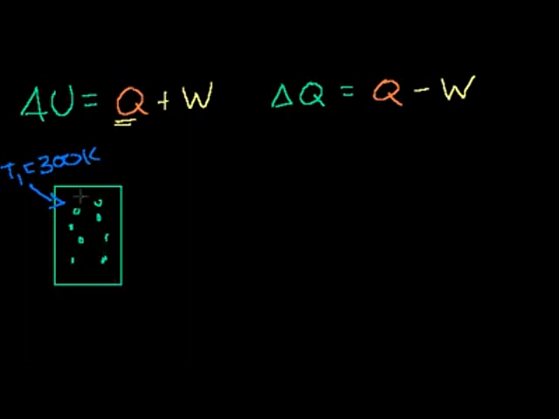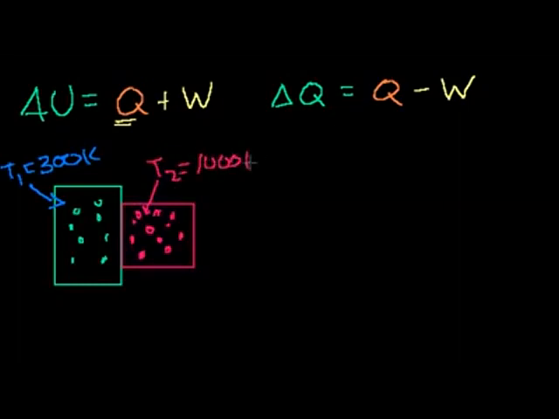If I want to add heat to this system, what I can do is place another system right next to it. Who knows what size it is. And it's got some particles there, but its temperature is much, much higher. So let's say T2 is equal to 1,000 Kelvin. I'm just making up numbers.